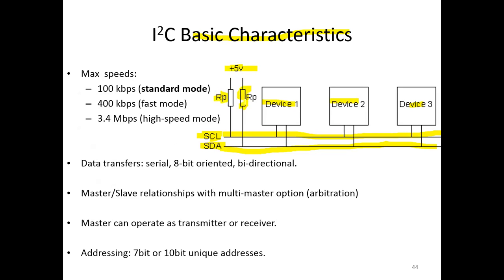Without these 2 resistors, the communication doesn't work. So here, there is a problem. Let's suppose that device 1 is a master. How can the master select one of the slaves? Here we don't have a chip select bit.